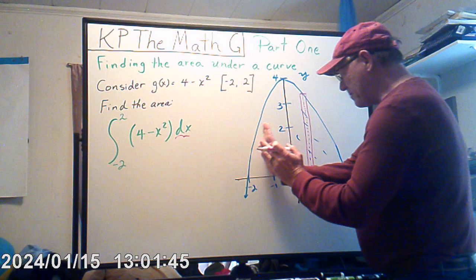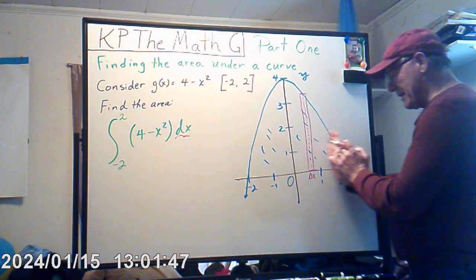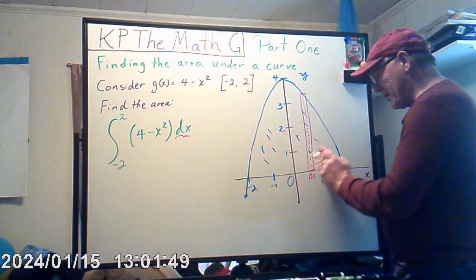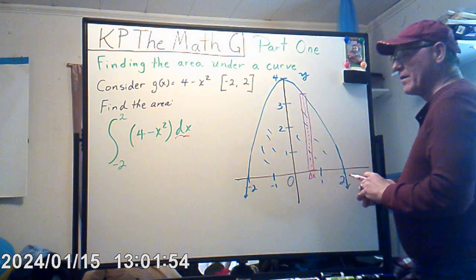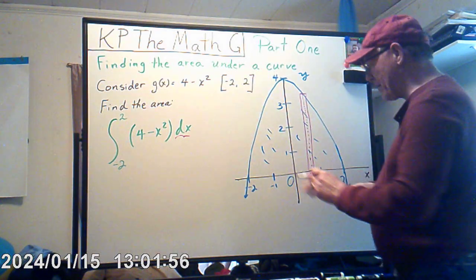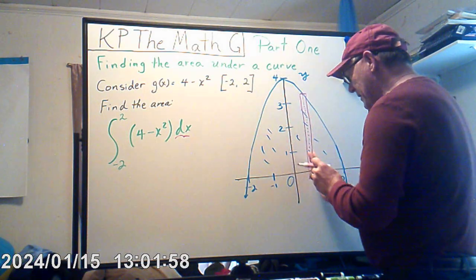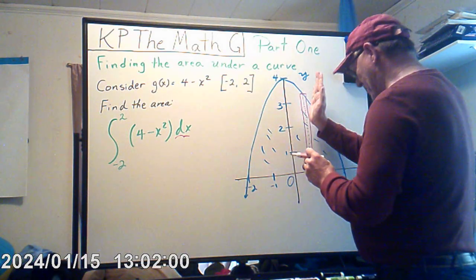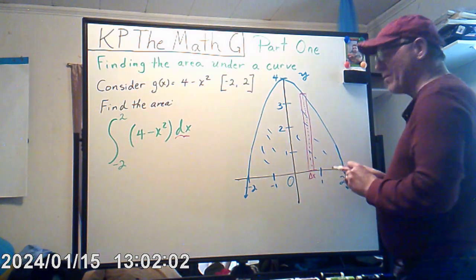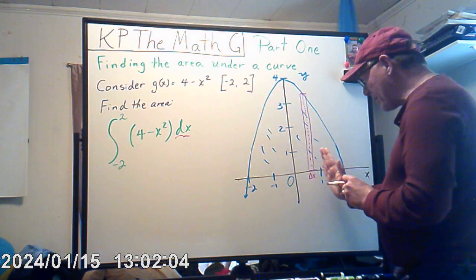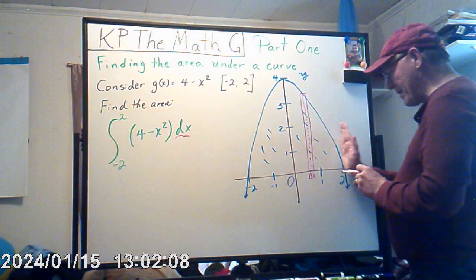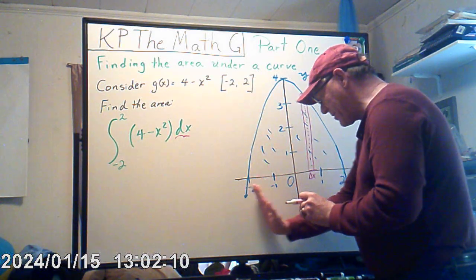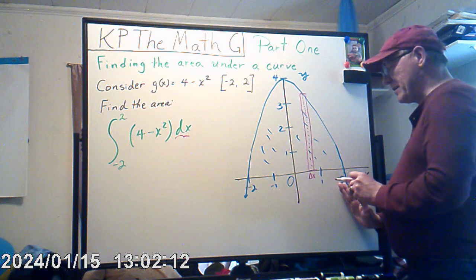You want your partition to move between -2 and 2. Since it's x, it's going to be perpendicular to the x-axis always. Your partition is going to be right there, and the boundary is from -2 to 2.